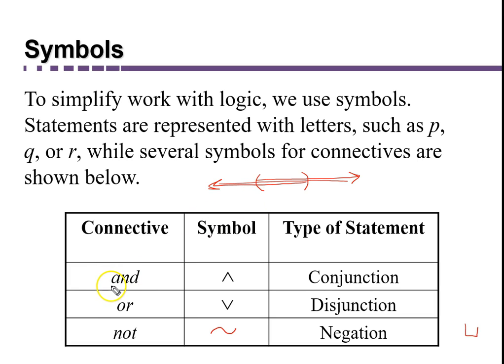But because of the connective word and, it's just the part where they overlap or intersect. That is the conjunction. So the conjunction looks like this. Let me just put it here. This would be the conjunction.